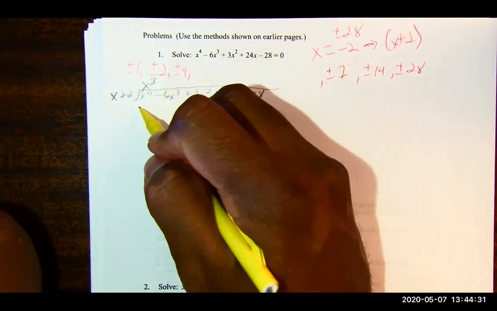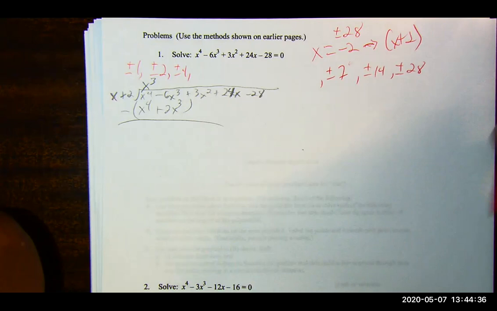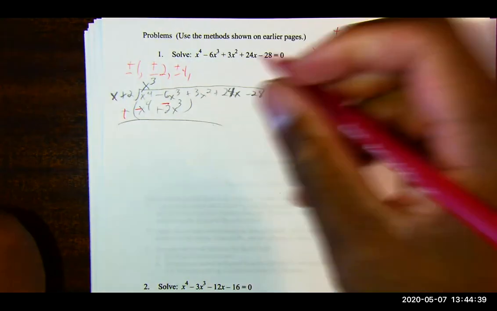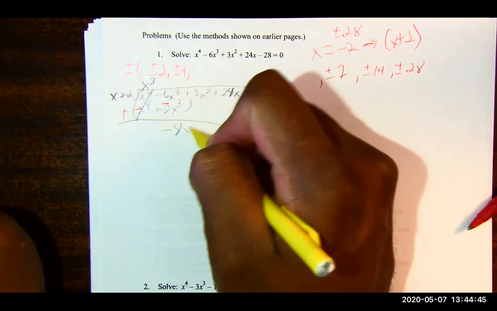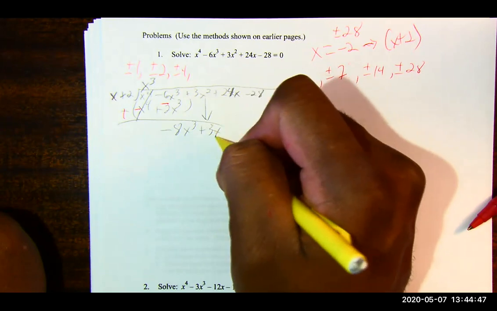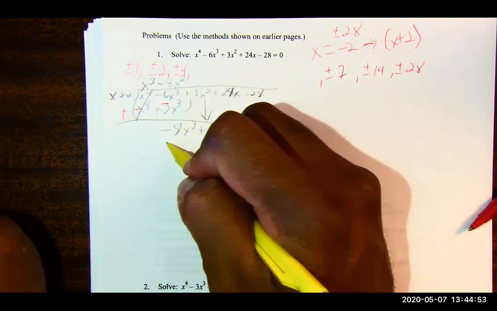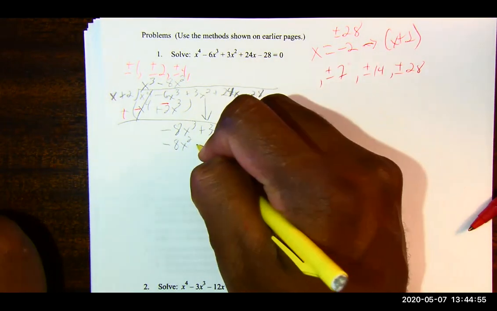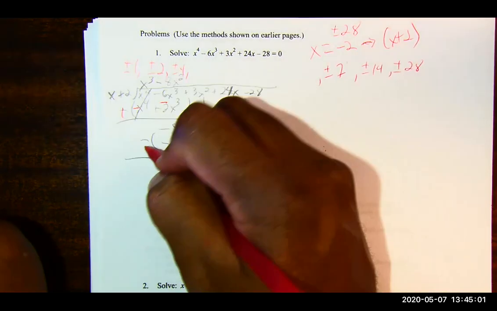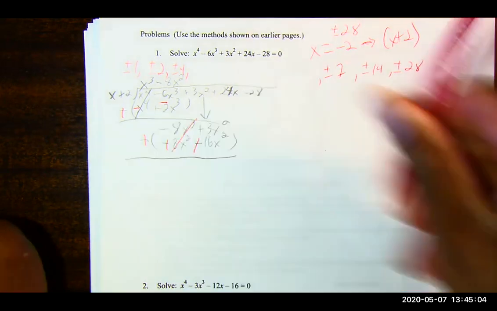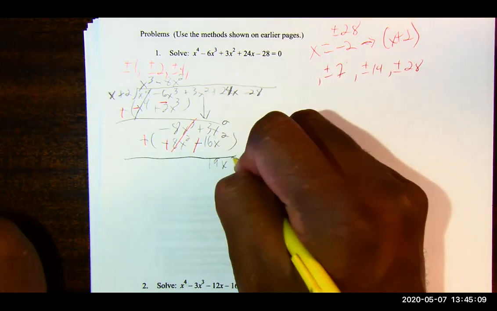x to the 4th plus 2x cubed. Negative 8x cubed. So it's going to be negative 8x squared. Positive 16, 17, 18, 19x squared.